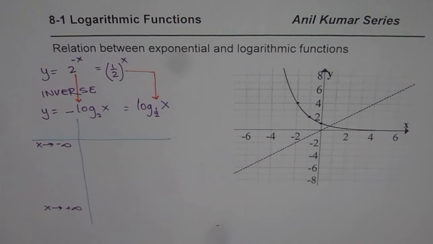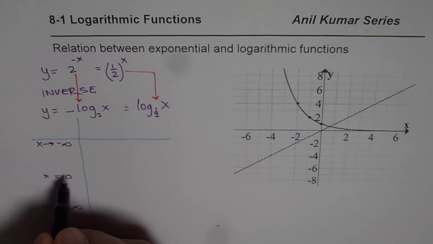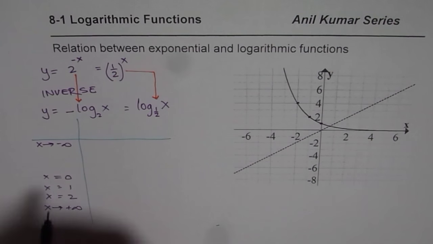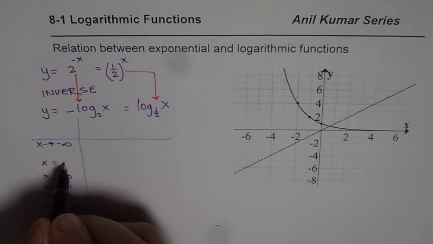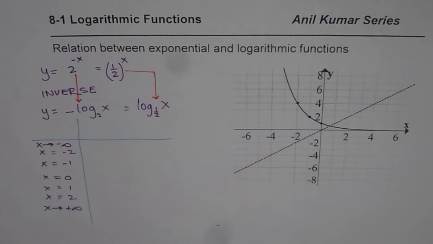Those two are very critical points for any function in general. The other points, we can start from the middle. What happens when x is 0, when x is 1, or when x is 2. Similarly, x equals minus 1 and x equals minus 2 are good values to check for us, correct?